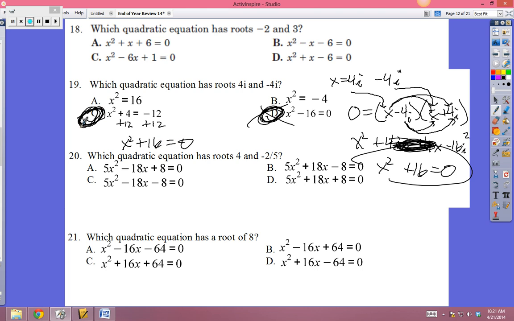So C is going to give us the same thing that we've got here. So they just manipulated it a little bit. They purposefully wrote it as a trick question. So which one of those can you change to be x squared plus 16 is 0?